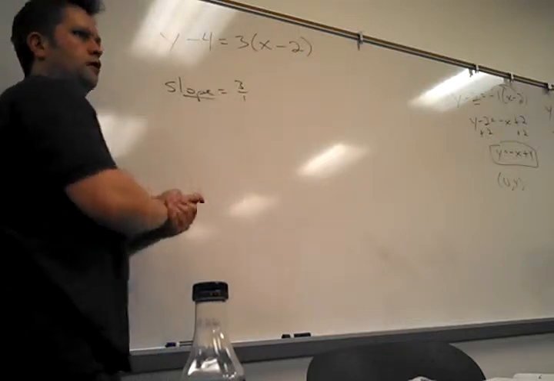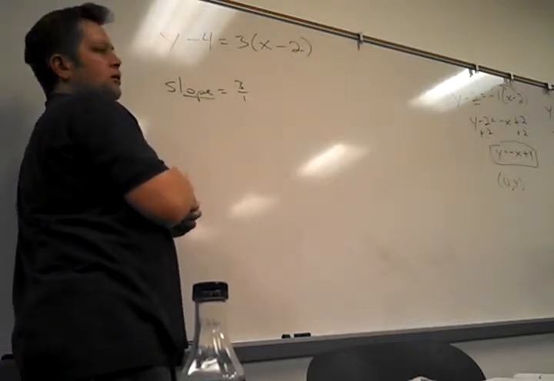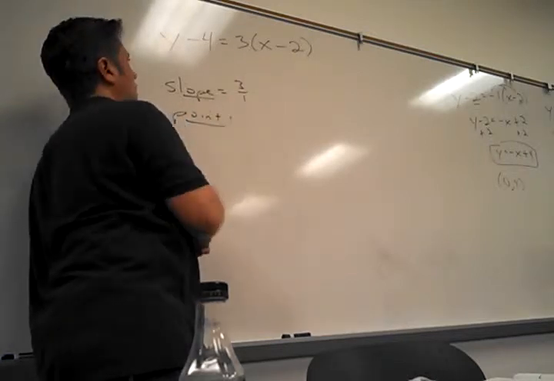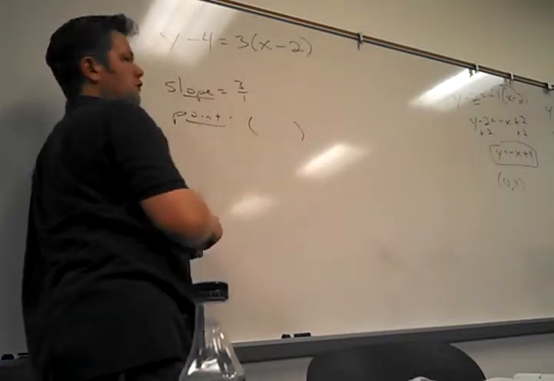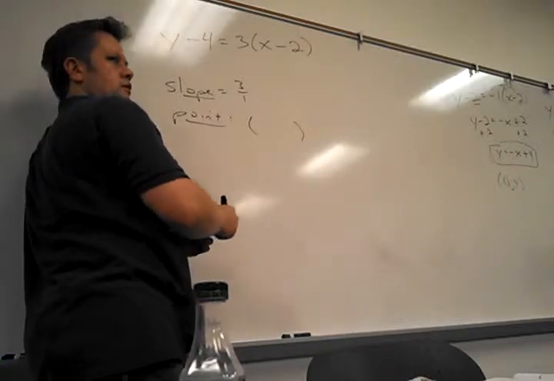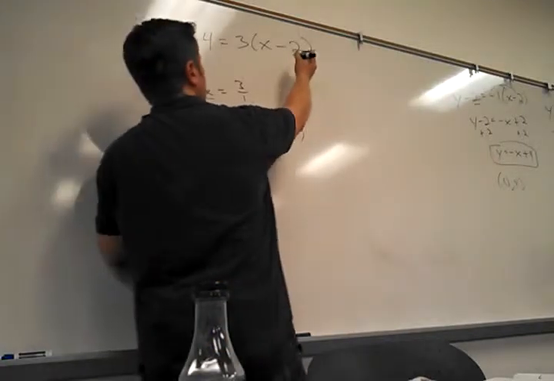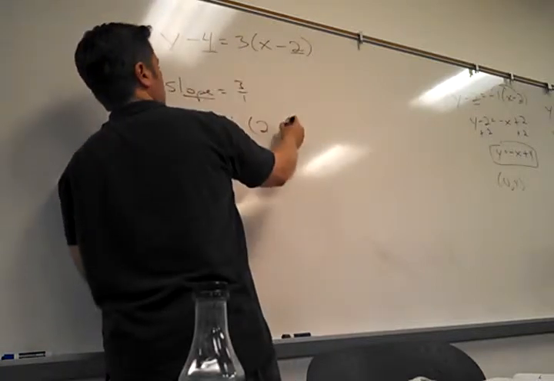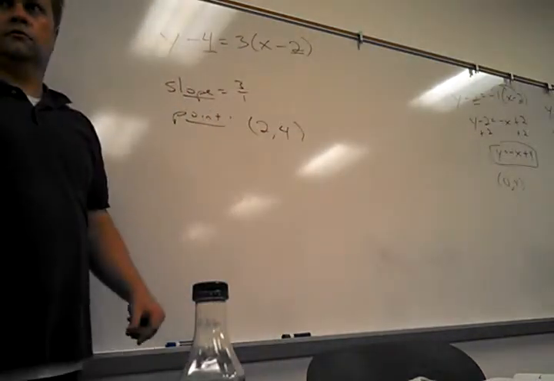Yes, 3, and you can put it over 1 if you want to. What else do we know? We know a point. Careful. 2 and 4. What's the x piece of the point? 2. What's the y piece of the point? 4.